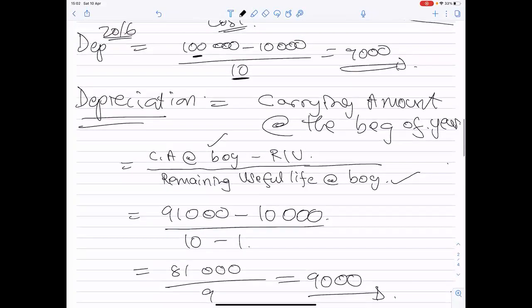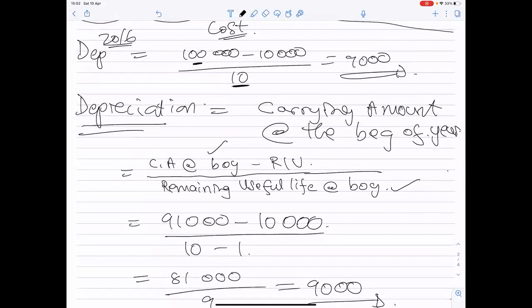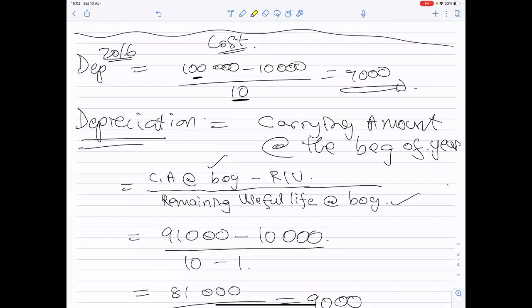Yes. The residual value, remember, the reason why we are taking out the residual value is because we are trying to calculate the depreciable amount. You understand? Because the residual value is not depreciated. So whatever amount that you are calculating should be excluding the residual value.